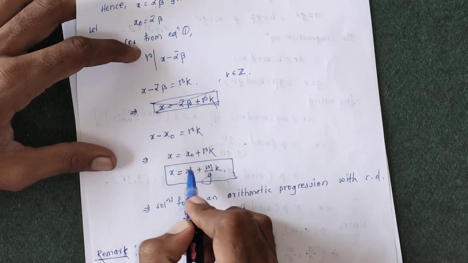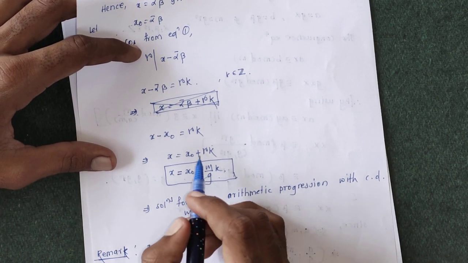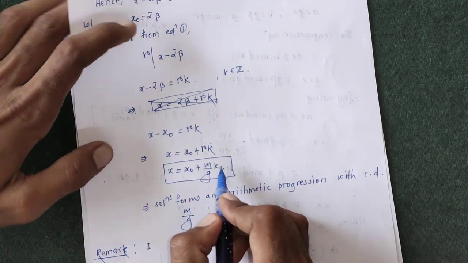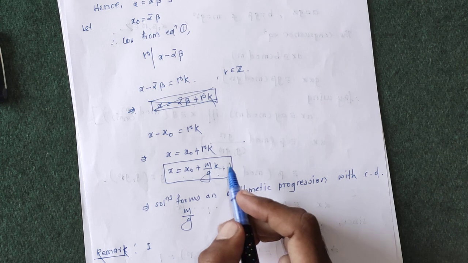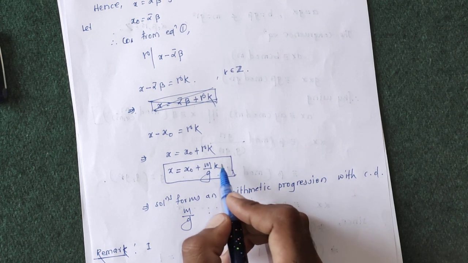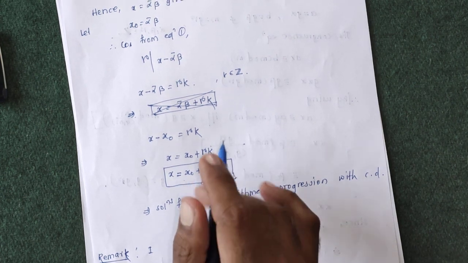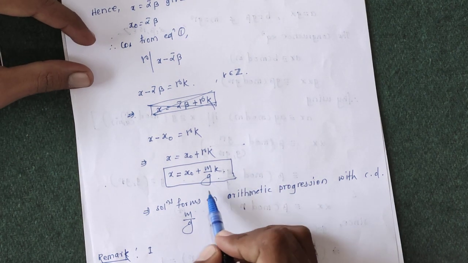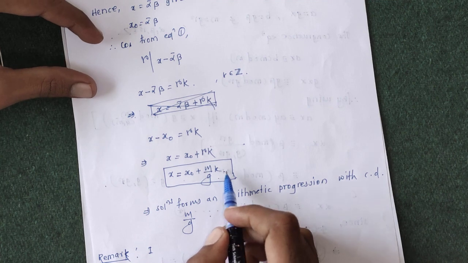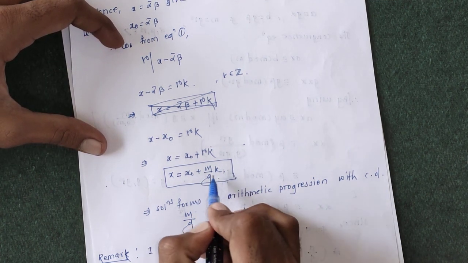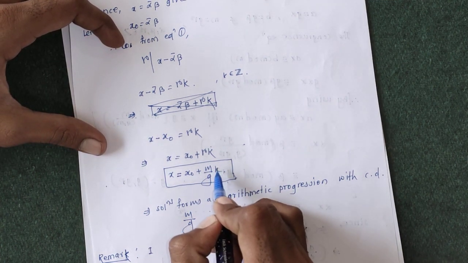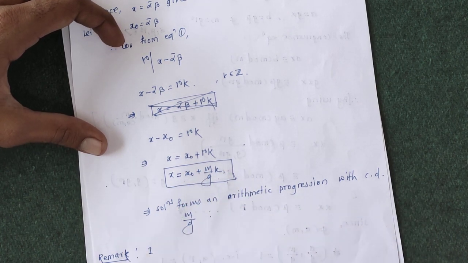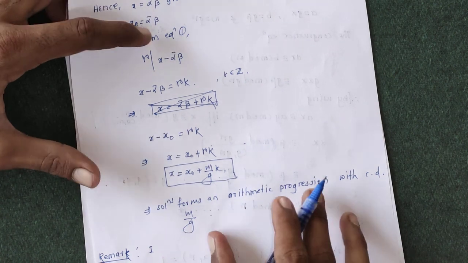X naught is our first solution, then the other solutions x are of the form x naught plus m by g k, where k runs from 0 to g minus 1, since this congruence Ax is congruent to B mod m has g number of solutions, that is g equals GCD. So we substitute k equals 0, we get x naught, then 1, 2, up to g minus 1, and we can find all g solutions.